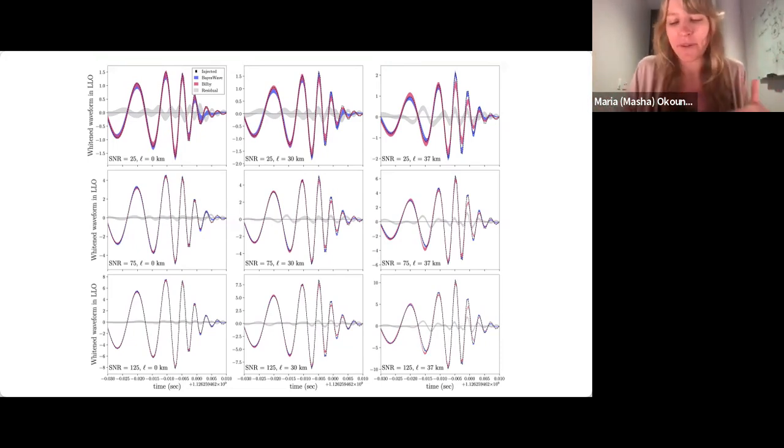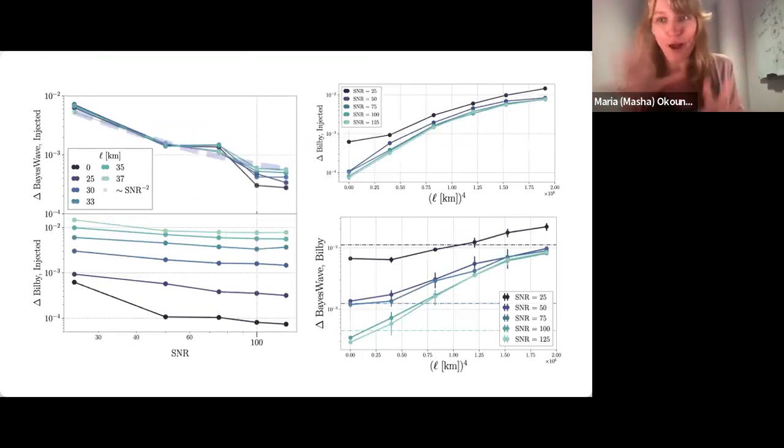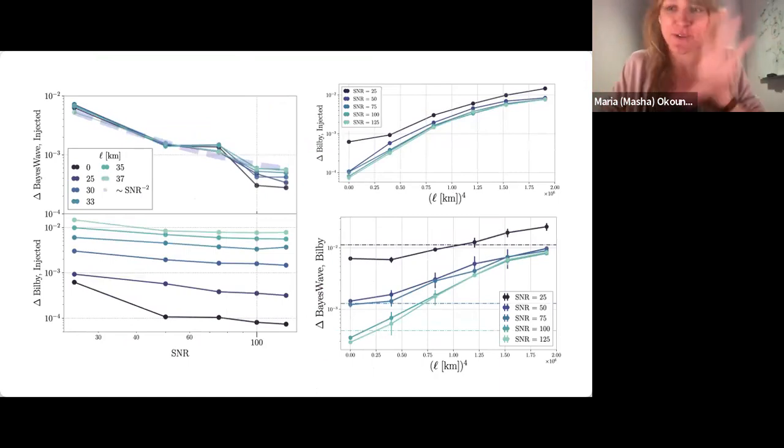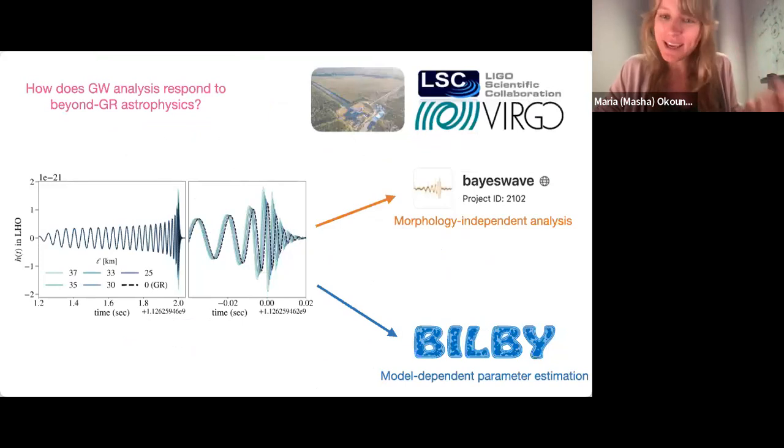We can get quantitative about this by computing mismatches, and I can show you these results, but the ultimate takeaway is that a morphology independent analysis can find and reproduce our beyond GR injections, while a model-dependent GR-based parameter estimation pipeline cannot.